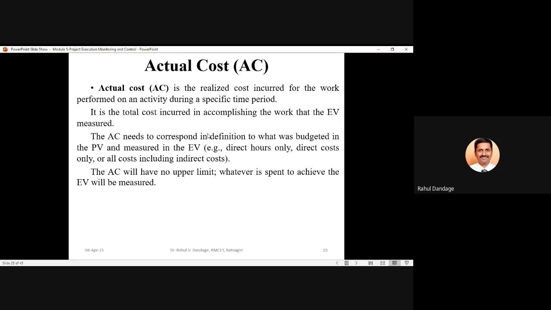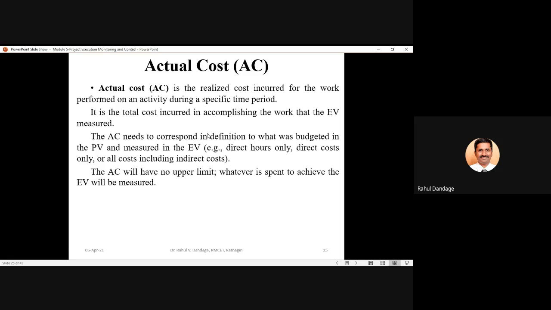The actual cost needs to correspond in definition to what was budgeted in the planned value and measured in the earned value. So whenever we calculate the actual cost we should correlate with the planned value, so that we can understand the budgeted value of the work which is completed and how much it is measured in the earned value analysis.